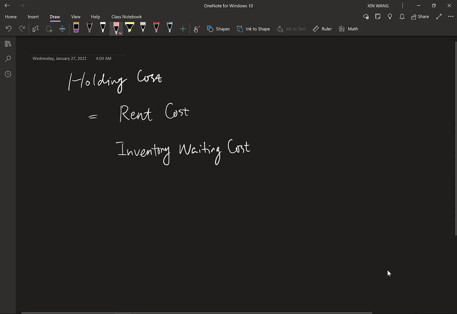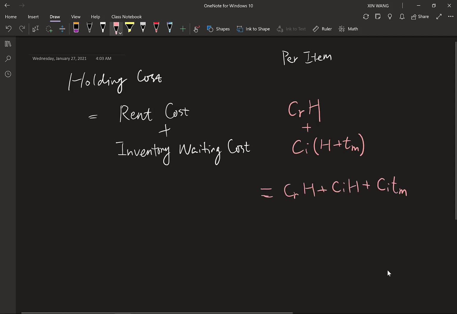So we have derived the rent cost per unit item, per item, CR over H, and then the inventory waiting cost, CI times H plus Tm. Okay, so then we can get the total holding cost per item.